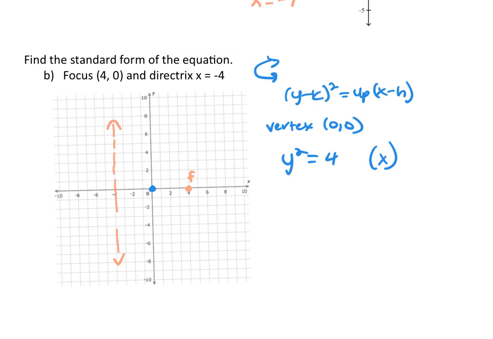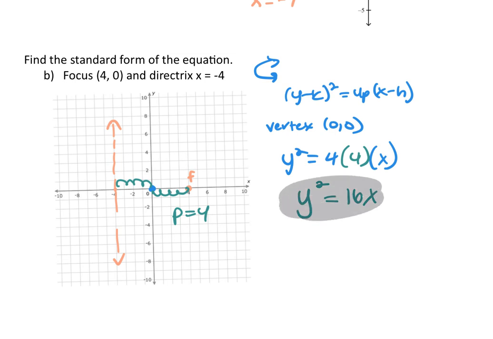There's no h or k. And to find p, I can count in either direction. To the right, 1, 2, 3, 4, or to the left, 1, 2, 3, 4. p is 4. So my equation would be y squared equals 16x.